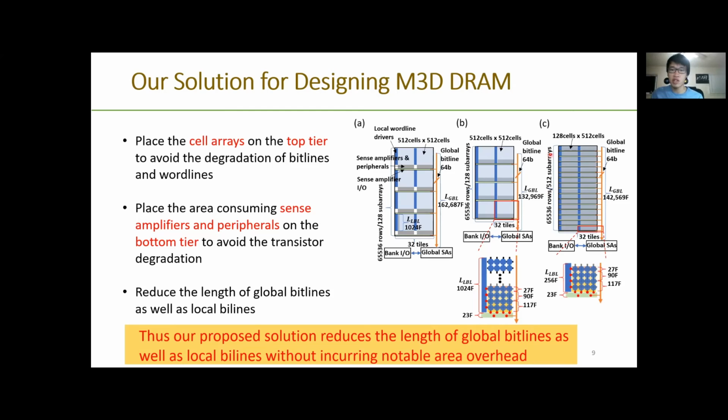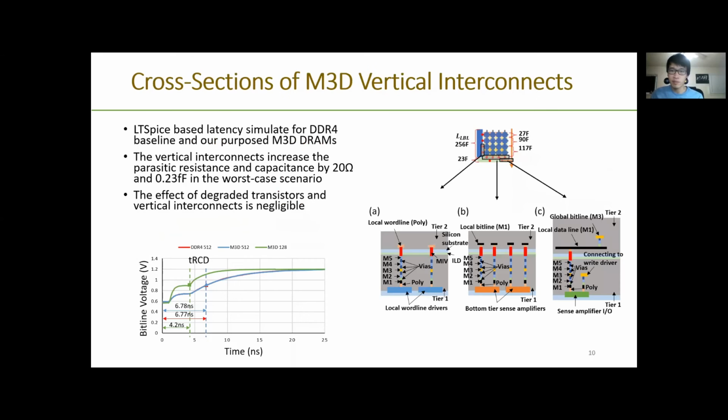As you can see in figure C, in our proposed M3D DRAM design, we can reduce the local bit line length to 128 cells per bit line and still achieve a global bit line length shorter than the conventional 2D DDR4 design. Let's look at the cross-section of the vertical interconnect. The local word line driver connects to the local word line through metal 1 to metal 5 and MIVs.